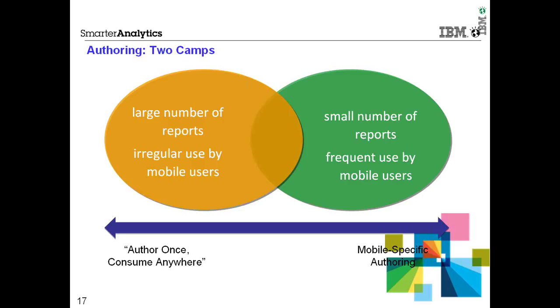At the same time, you will have a set of people who will be using a very small number of reports, but more frequently, and they will be doing more analysis on top of them. So for the first group, we can create more static reports which can be made available to them. For the second group, we can create more analytical reports, which will enable them to do the analysis, understand the scenario and take an informed decision.